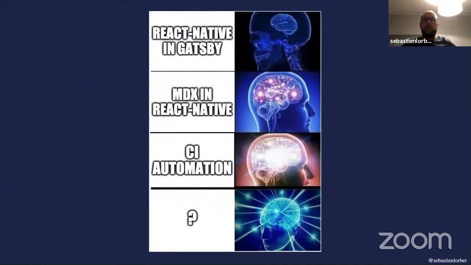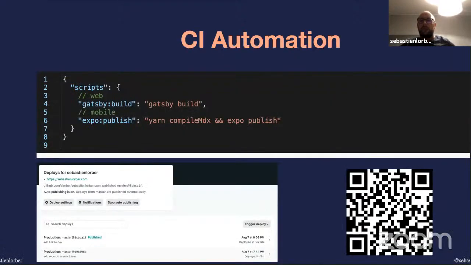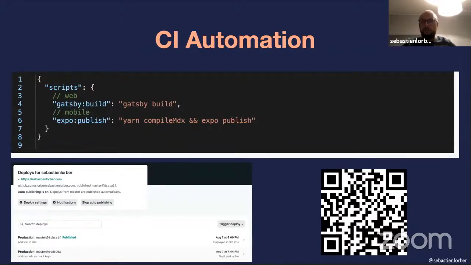So another part of the talk is the CI automation. This is a small part, but I think it's pretty cool. You create JSON scripts to be able to deploy another script to compile the MDX and then publish it to Expo as an Expo app. So basically, you are able to distribute it easily and test it easily by scanning the QR code.